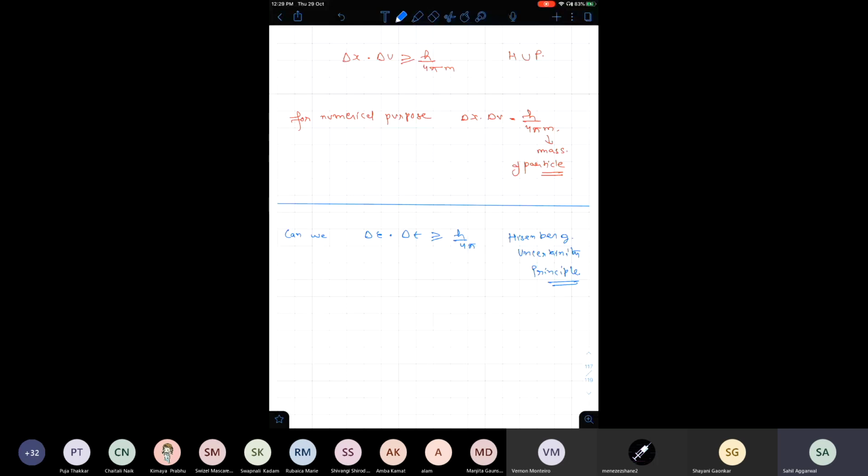How? We know kinetic energy, that is energy in magnitude, is equal to half mv square. So E is equal to half mv square. Multiplying both sides by m, it will become 2Em is equal to p square.